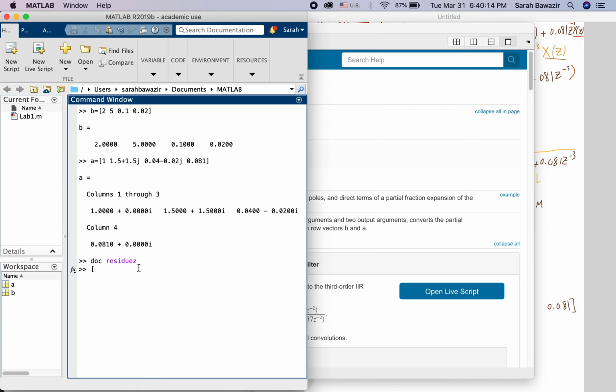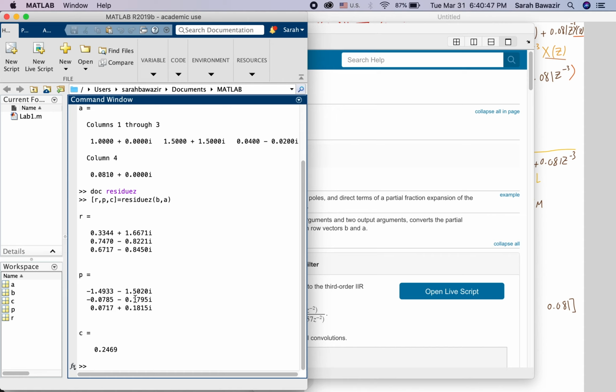First, you tell MATLAB that you want the output to have the residues, the poles, and C, which is a constant, I'll tell you about it later, equals residuez given B and A. Okay, so it is giving us R's, the residues, the poles, and the term C.